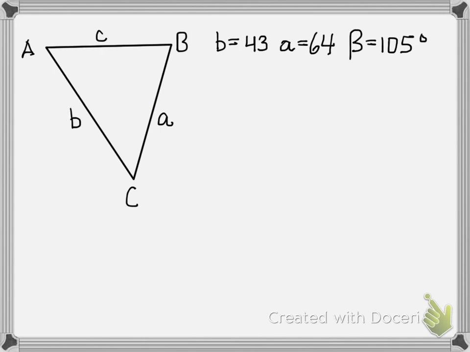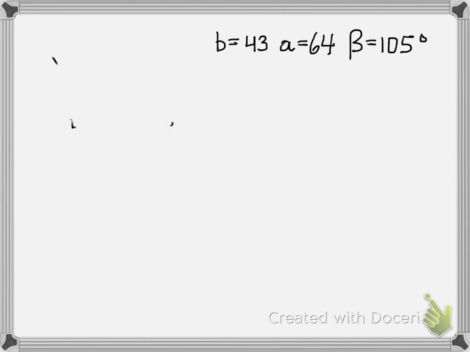Like I said on the previous problem, I really want to draw my own triangle. Because look at this angle B here. Angle B is 105 degrees, so I have an obtuse angle there. So I'm going to draw my own triangle. Again, I like to do my first angle in the bottom left-hand corner.